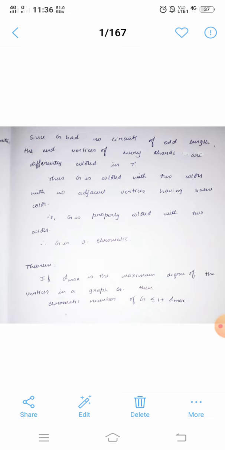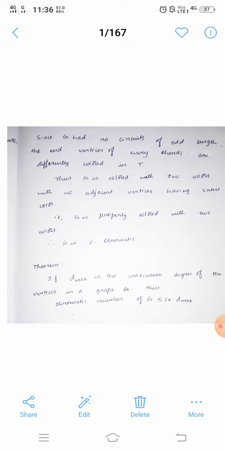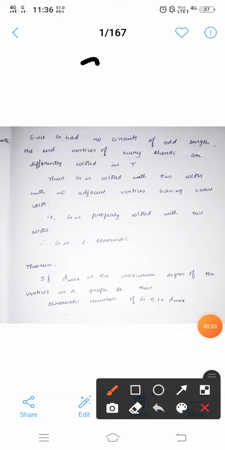If 3 vertices are there and one vertex has the degree 2, that is the maximum, then the chromatic number of that graph is less than or equal to 1 plus 2. 2 is D max.